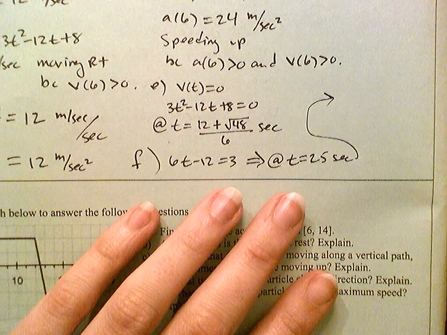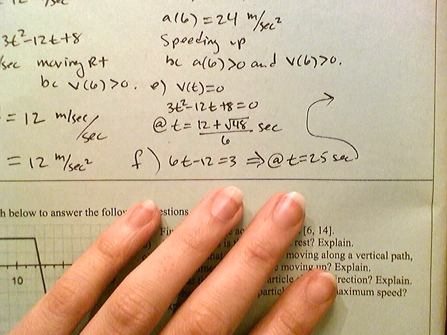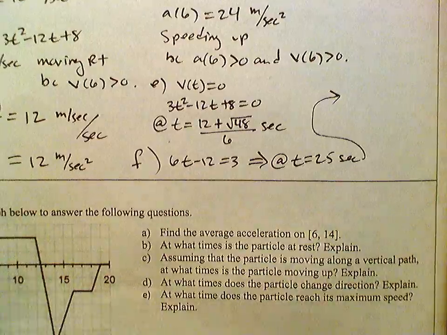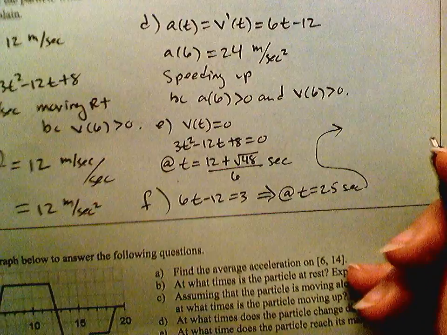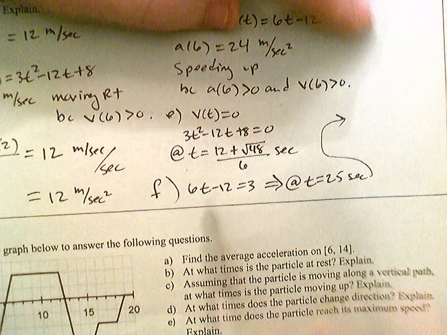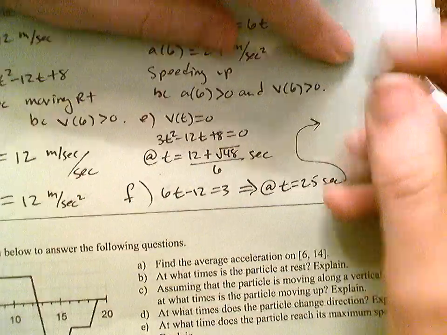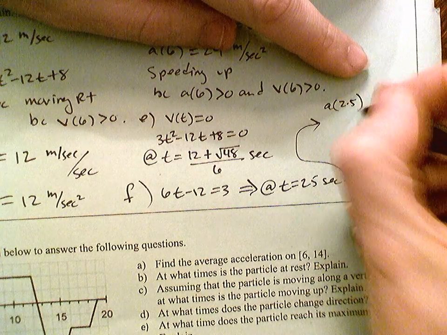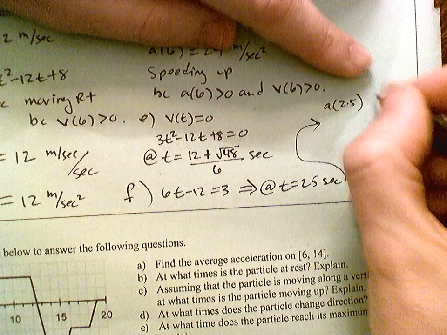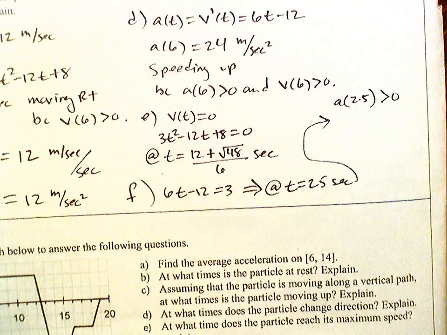Now I have to say at this moment, at 2.5 seconds, is the particle speeding up or slowing down? Explain. Well, I know that a of 2.5 equals 3. All right, so I know this already.